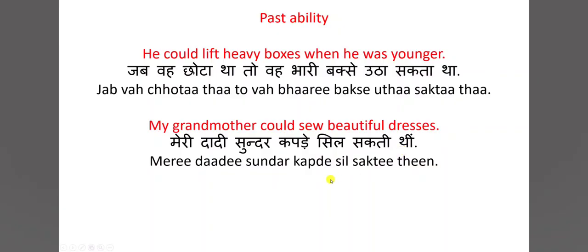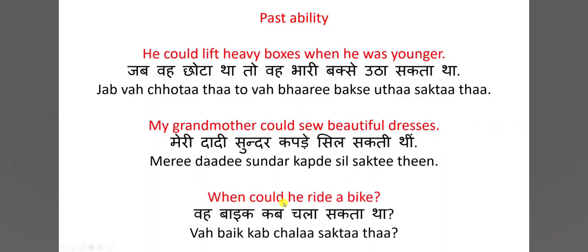Okay. Next, when could he ride a bike? Meaning, when did he have the ability to ride a bike? Assuming he does not have now, or we do not know about the present.